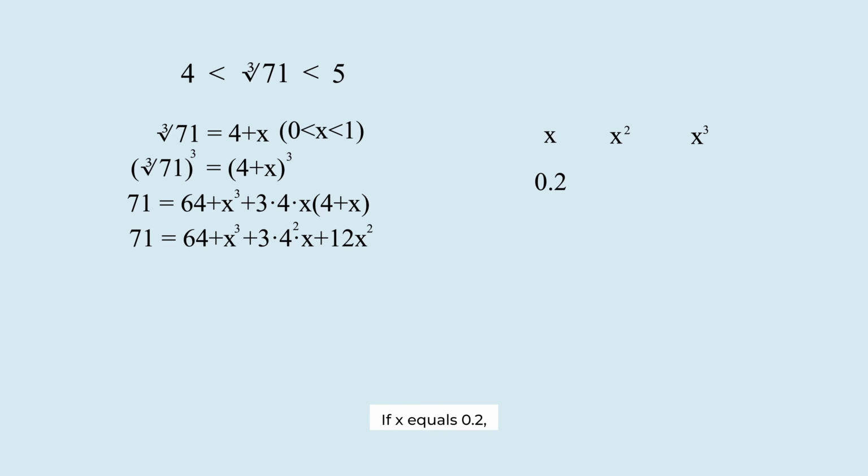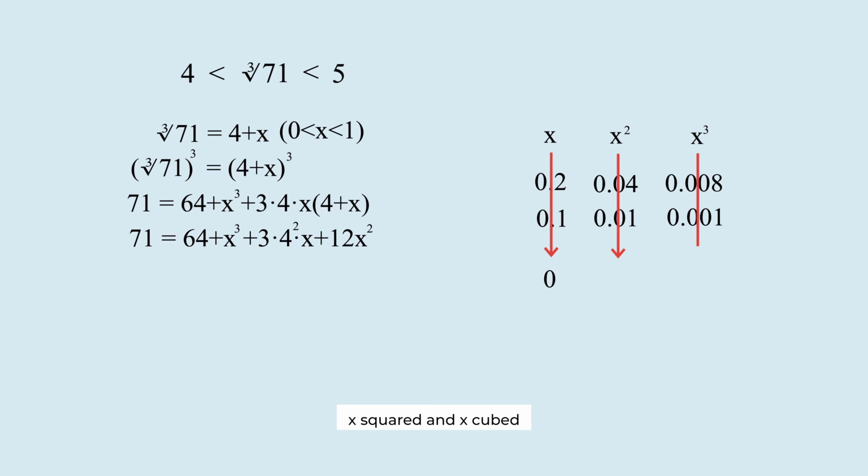If x equals 0.2, then x squared equals 0.04 and x cubed equals 0.008. If x equals 0.1, then x squared equals 0.01 and x cubed equals 0.001. As x approaches 0, x squared and x cubed approach 0 even faster.